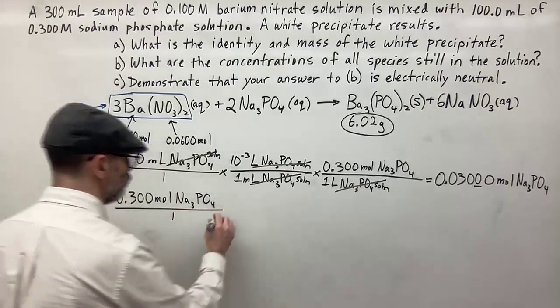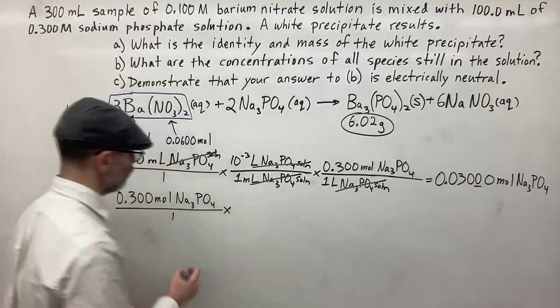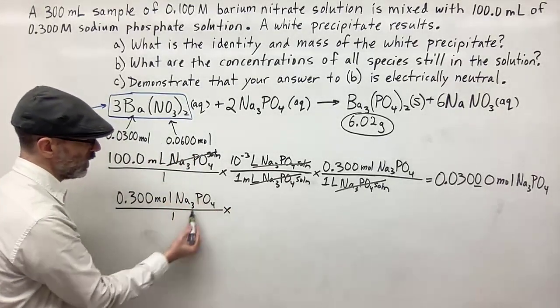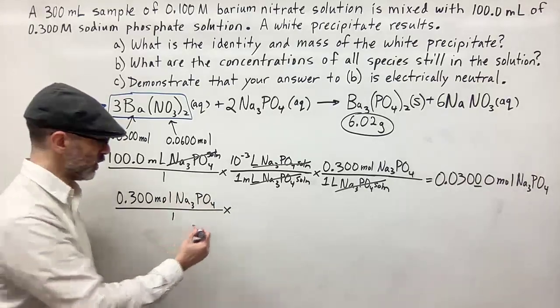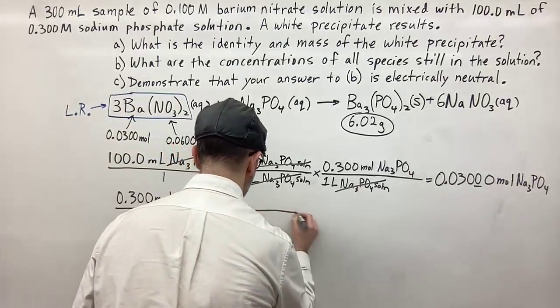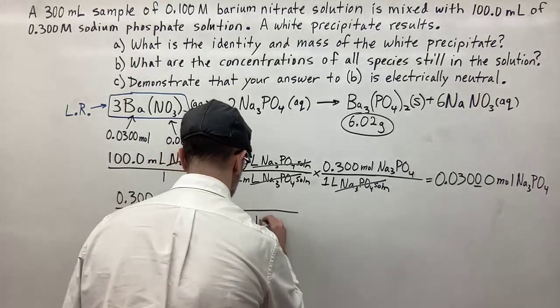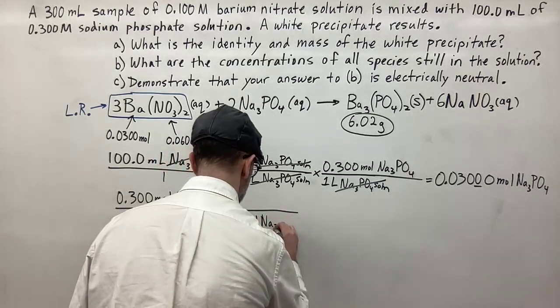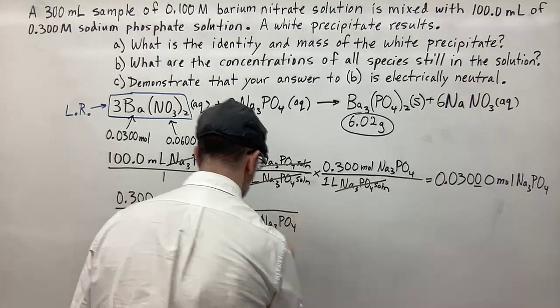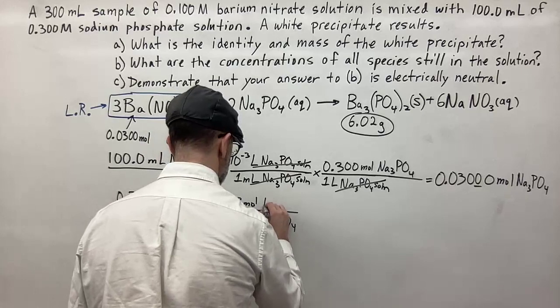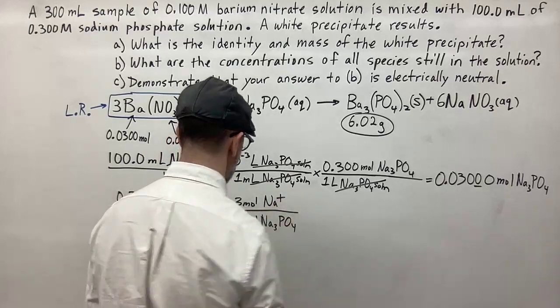I'm going to convert that to moles of sodium. So you see here that for every one formula, you get 3 sodium. So that's a 1-to-3 ratio. So that means for 1 mole of Na3PO4, you get 3 moles of Na plus ions.